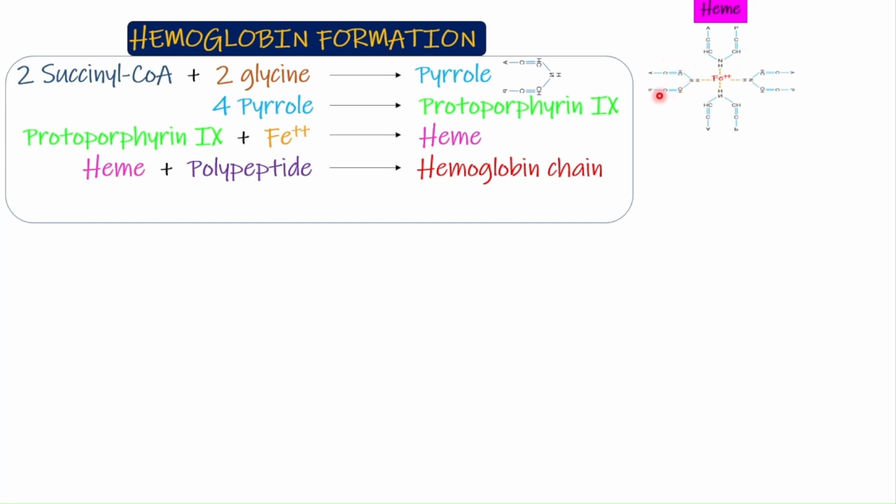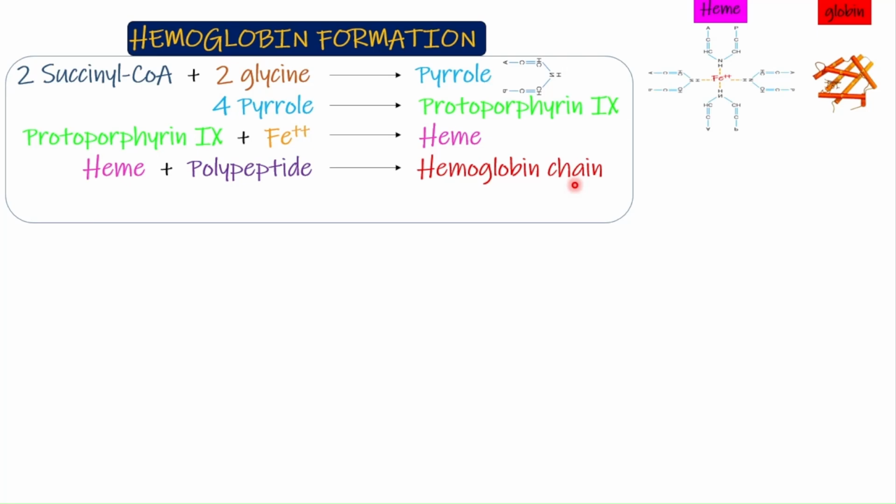Now heme along with a globin, which is a protein, a polypeptide, will form a hemoglobin chain.